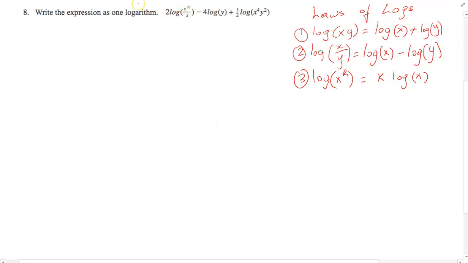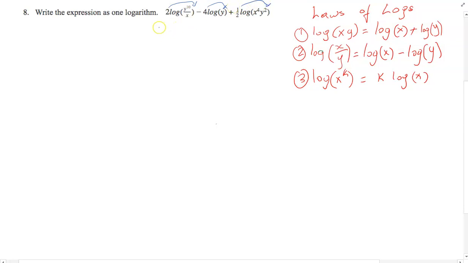the power law to 2 log of y to the 10 over x, minus 4 log y, plus 1/2 log of x to the 4th y squared. First, applying law 3, we can move this 2 over, this 4 over, and this 1/2 over.